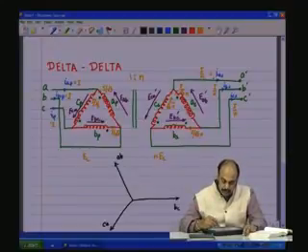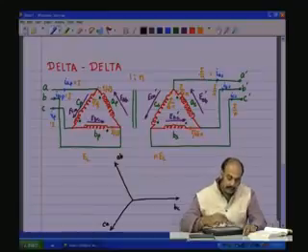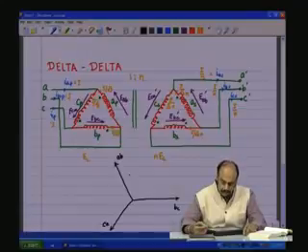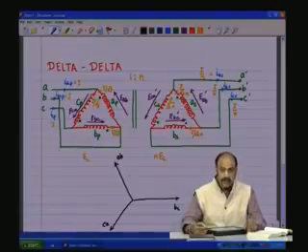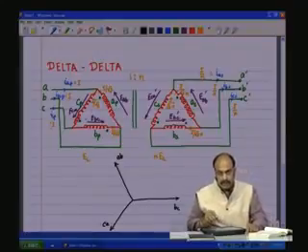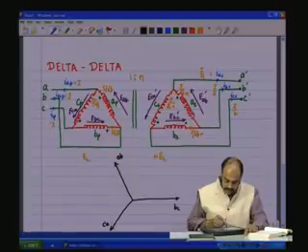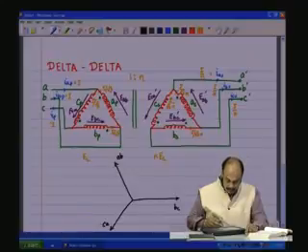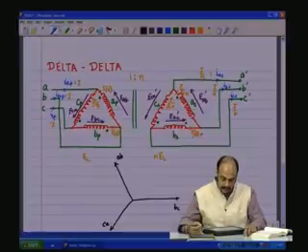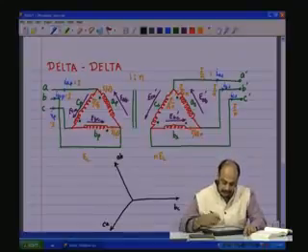Now, if we take the case of the delta, the line currents will be lagging the line voltages by 30 degrees if it had been resistive loads, but as they are not resistive loads, they will lag by a further angle. So, the IAB would be along BC, IBC would be along CA, and ICA will be along AB, the phase currents.